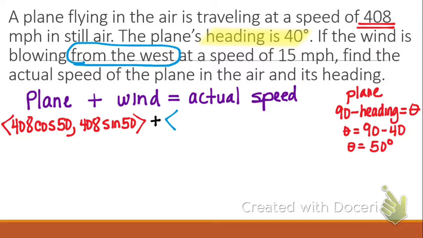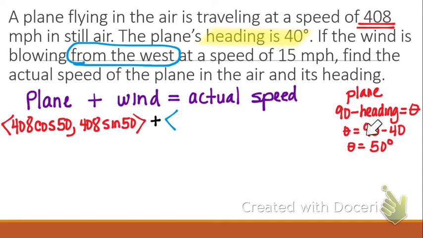Okay, so right here, you have to use theta. So they didn't tell us the direction. It said the plane's heading is 40 degrees. Okay, and when you're finding your horizontal and vertical component, you need to use the direction. So it's 90 minus the heading.